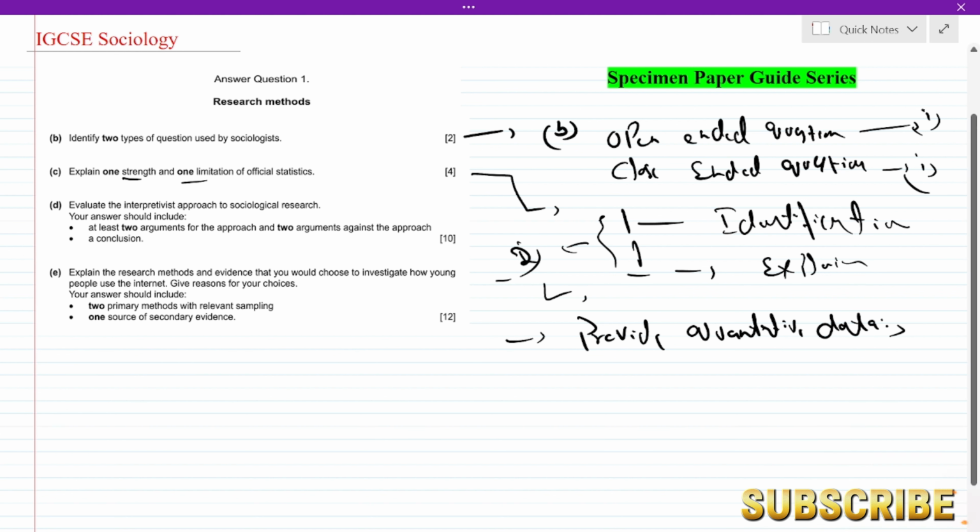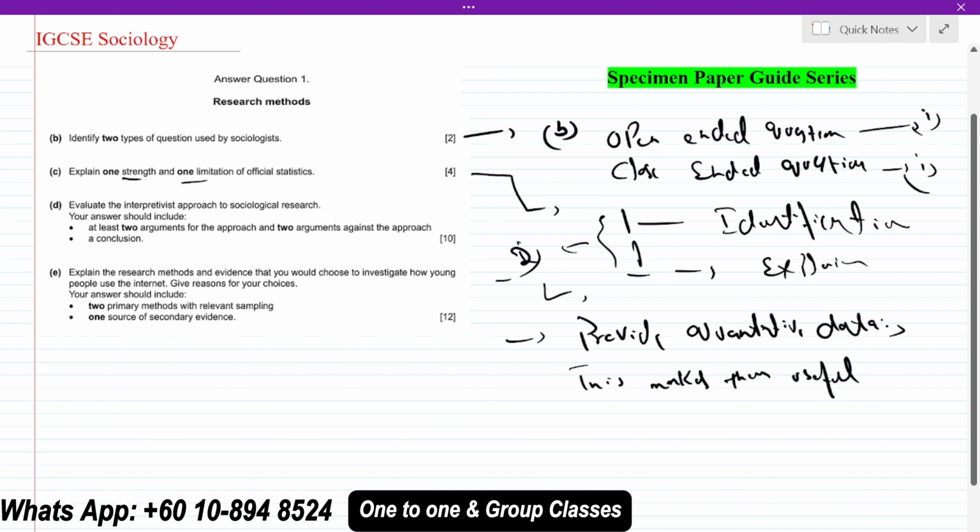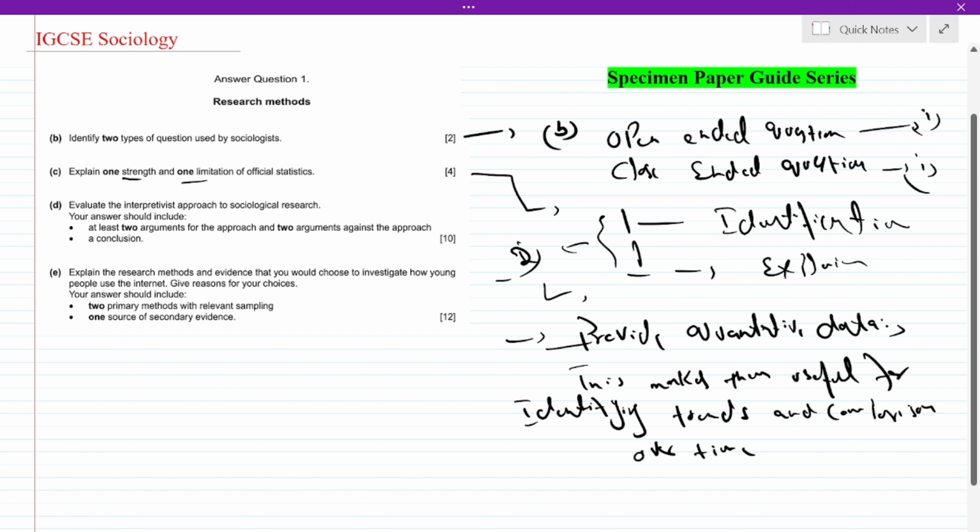This makes them useful for identifying trends and comparison over time. Now you can see that for that identification you will be able to get 1 mark, and to explain them in a 1.5 line you will be able to get 1 mark.